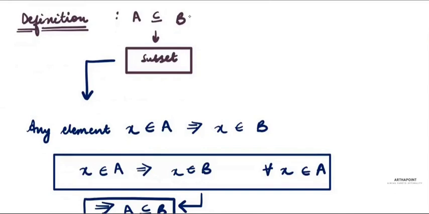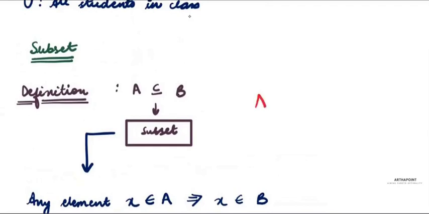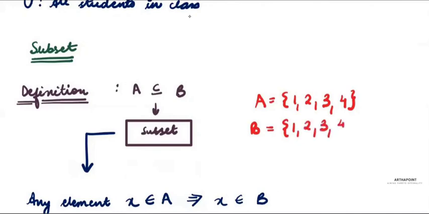If x belongs to A implies that x belongs to B, then A is a subset of B. So for example, if I tell you that A is 1, 2, 3, 4, and B is also 1, 2, 3, 4. If this is the case, then A is a subset of B, because whatever is coming in A is coming in B.